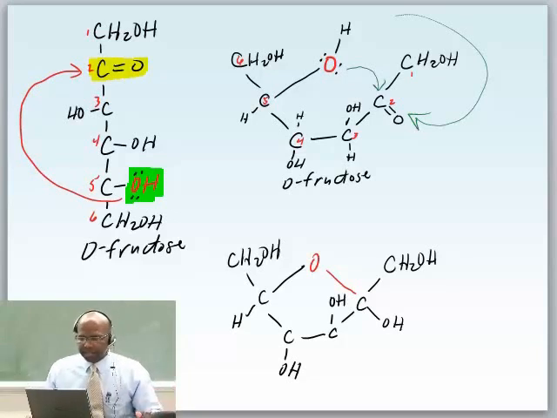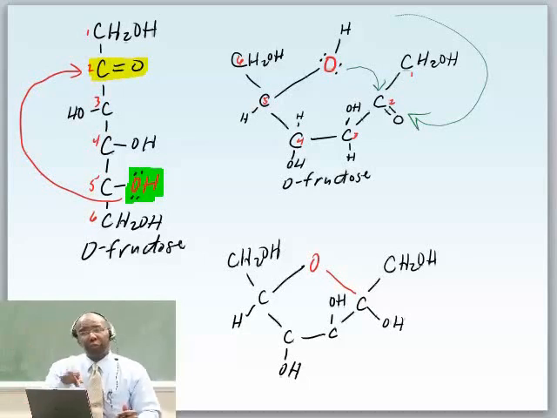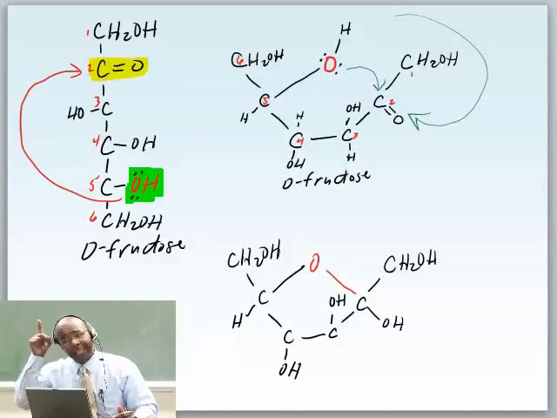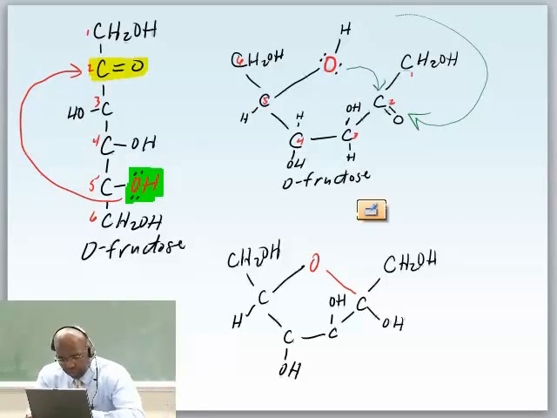But it works the same exact way. The mechanism is exactly the same. The only thing that's different is that when you have an aldose, you create a hemiacetal. When you start with a ketose, you produce a hemiketal. Exactly. That's the only difference. And so the closed ring structure of fructose here is a hemiketal. And so this functional group is a hemiketal.